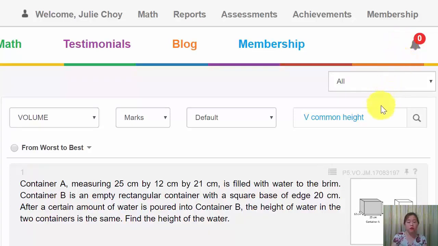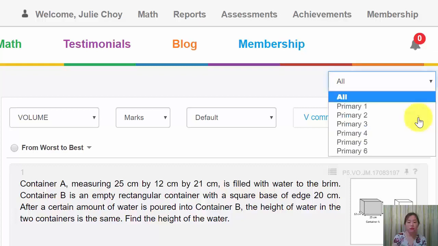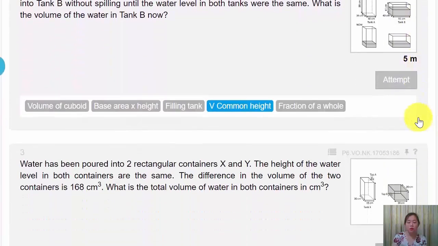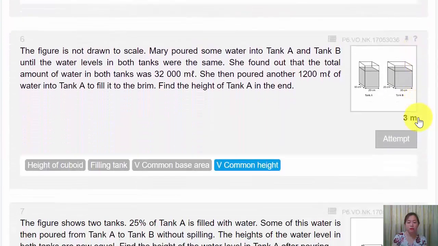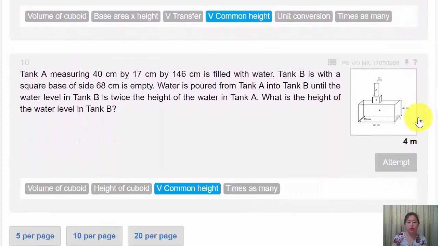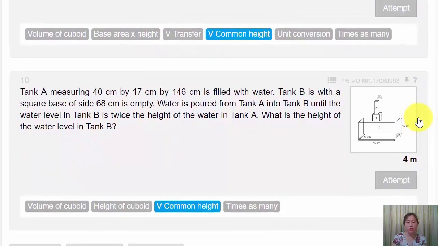To do so, for the concepts that I write for you for every question, you can definitely try to key in the concept name and click search. So this is under volume, common height. Make sure you choose the level that you want, the topic, and you can choose the marks. If low marks are easier for you, then try the low marks first. If you click search, it will show you the questions that we have on the same concept. Try those questions that you think you are not confident in.